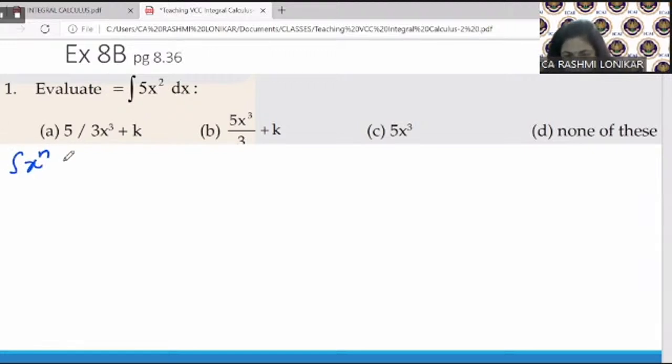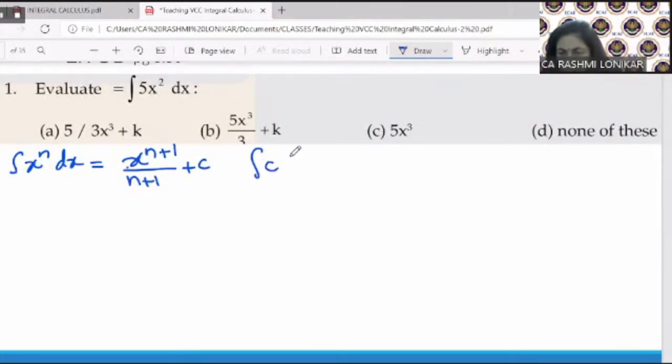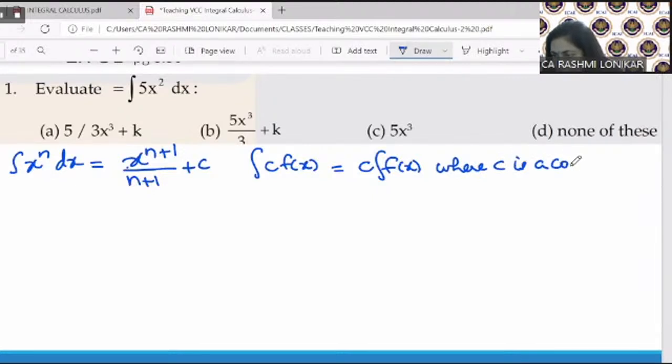Integral of x raised to n dx is equal to x raised to n plus 1 upon n plus 1 plus c. And I'm using the rule integral of c f(x) is equal to c integral f(x), where c is a constant.